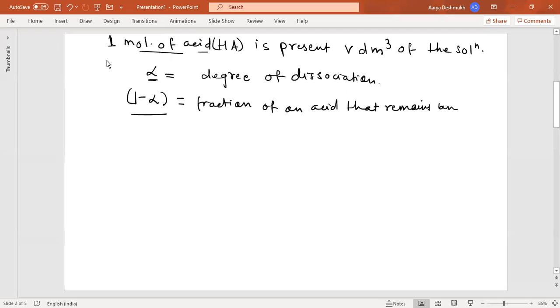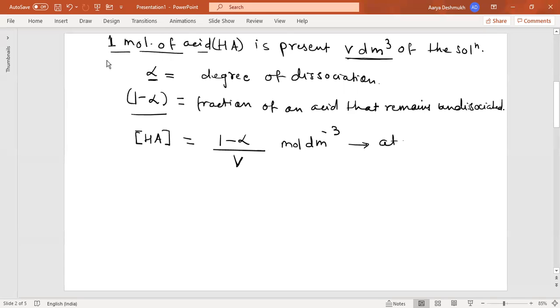So at equilibrium, the concentration of acid, written in square brackets, would be equal to 1 minus alpha upon V. This is the concentration in moles per dm cube at equilibrium.